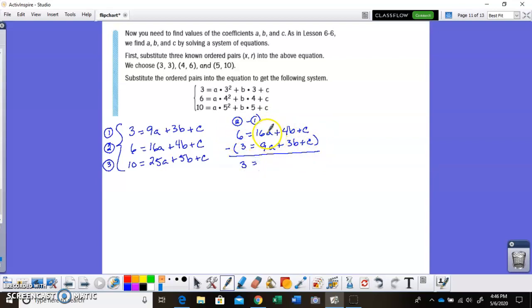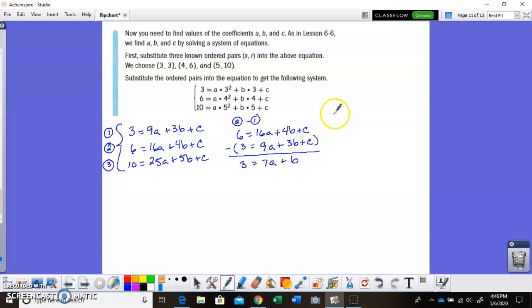And 16a minus 9a gets me 7a. And 4b minus 3b gets me 1b, and c minus c leaves me with no c's. So now I have one equation with 2 variables. So I'm going to use a different combination of equations to get another equation that's similar to that.